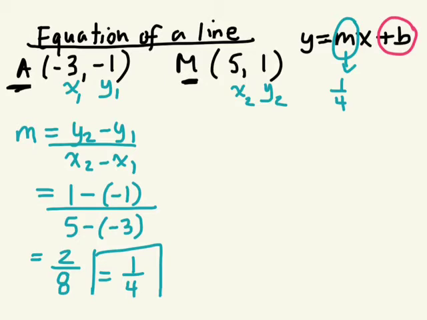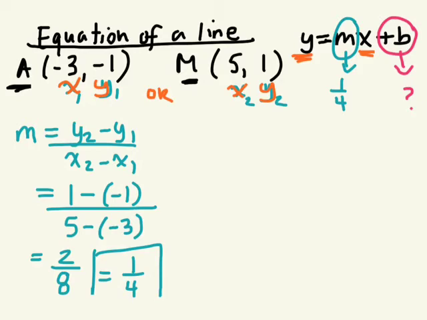In the equation y equals mx plus b, we know m now because we calculated it. We don't know b. Do you know x and y? Yes, x and y represent a point on the line. This is an x and y, or this is also an x and y. Both of these are points on the line. So let's choose one of the x and y values and plug them into the equation.